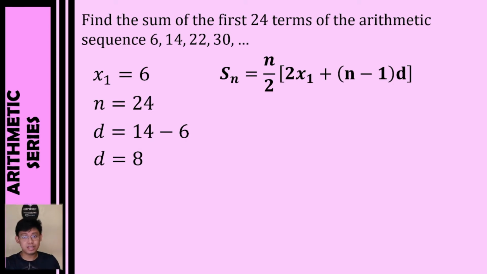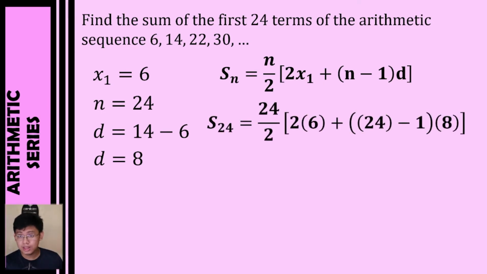We will only use this if and only if the nth term is not given. So let's substitute all our given. S sub 24 is equal to 24 over 2 times the quantity 2 times 6 plus 24 minus 1 times 8.